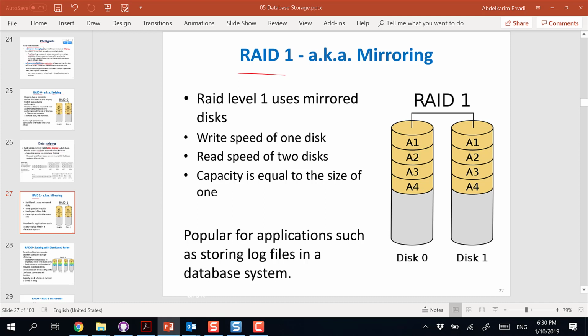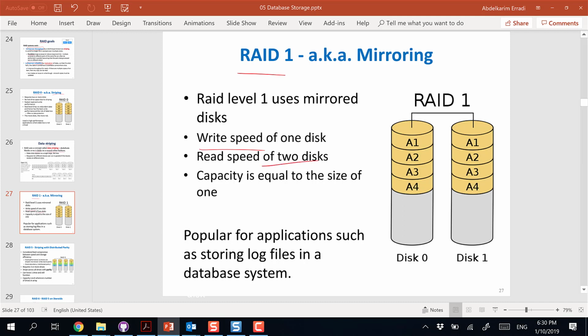So you get the write speed of one disk, of course, the speed of the slowest disk. That is your write speed, because you have to wait for both of them to finish writing each block. For reading, you get the read speed of 2 disks.